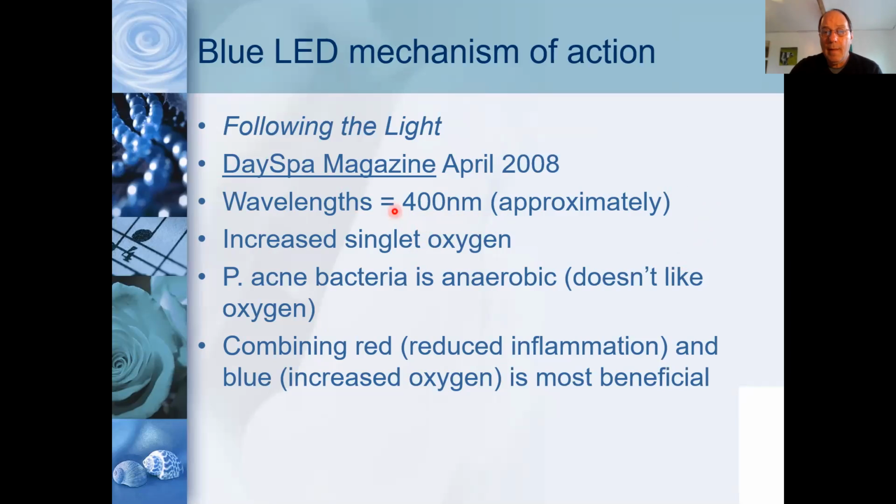What they found is that when you use blue light at 400 nanometers, it actually produces oxygen within the tissue it's being exposed to. So when you use that wavelength at the right energy output, it manufactures oxygen in the tissue.